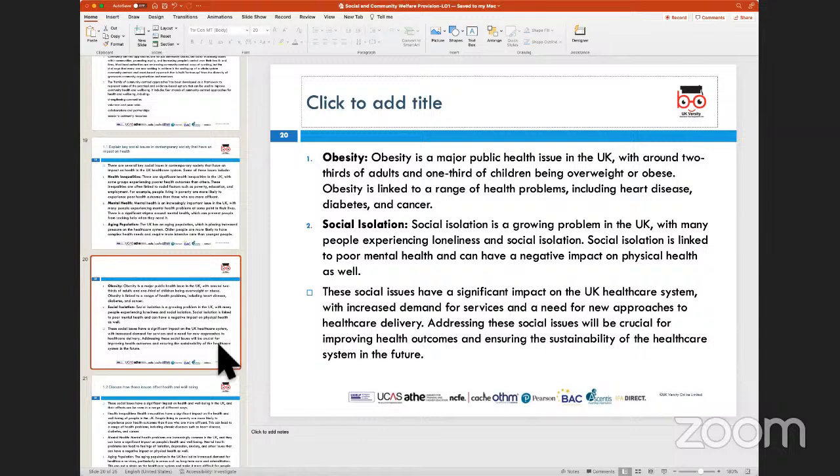Now, if you look at social isolation as a problem, what we generally get to see is that in those communities, because there's restricted access, some of the development of social qualities does not happen. So in some cases, what the government does is encourage people to come to the mainland UK, because some of these facilities, which are basic facilities, are not available and are required for individuals or children to grow and develop.